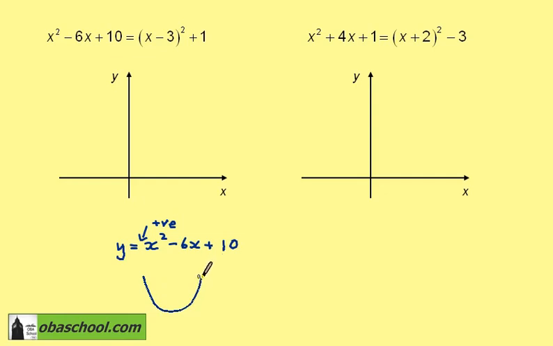This tells us that the curve is this shape, sometimes referred to as a happy curve. If it's this shape, there must be a lowest point on the curve, and this is referred to as a minimum point.